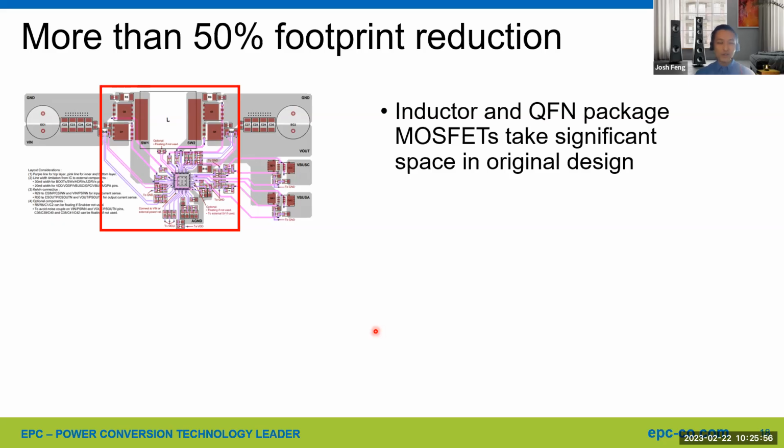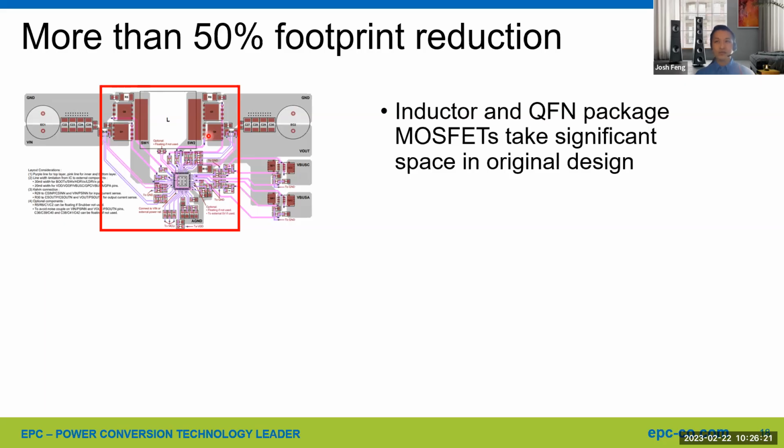If you look at the original evaluation board reference design, that big chunk itself takes half of the space. Even with a pretty small controller, the output stage is quite significant in terms of space, taking huge space from this great product.